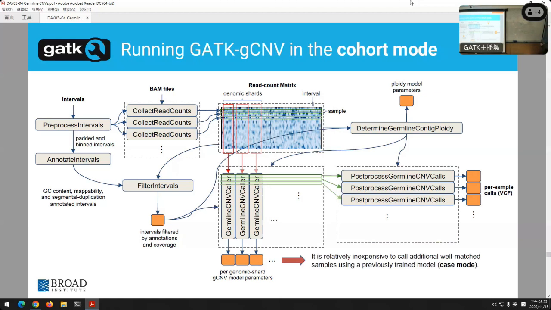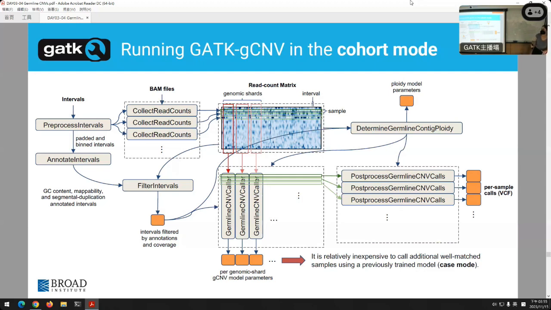Something I haven't mentioned yet is that GCNV actually can be run in two modes. So what we were just talking about is called cohort mode, where the pipeline is run and trained on a group of samples. But actually, there's another mode called case mode, where we can run GCNV on just one sample at a time.